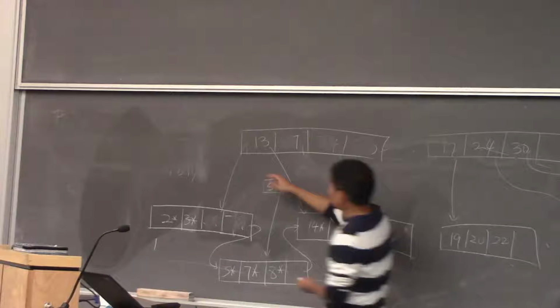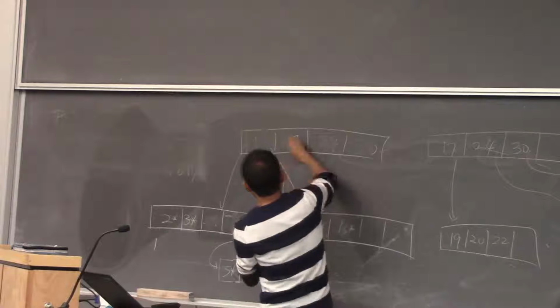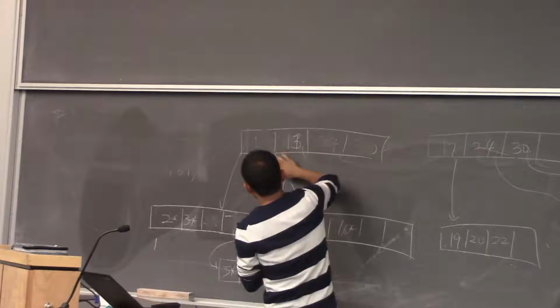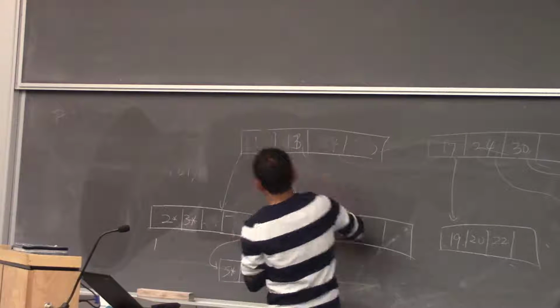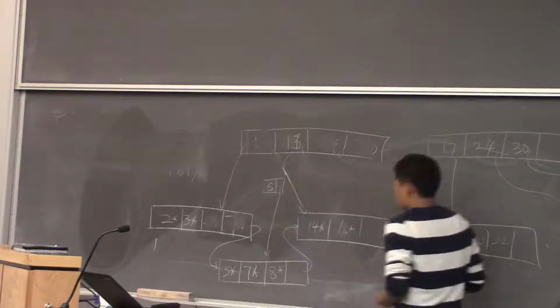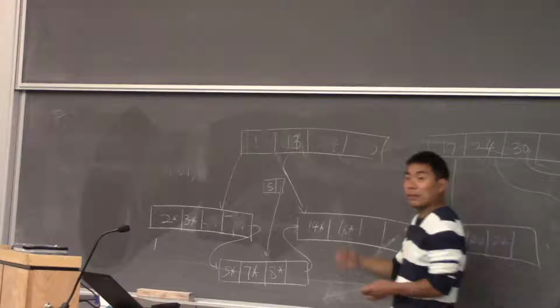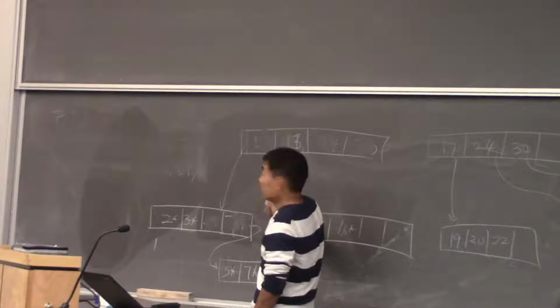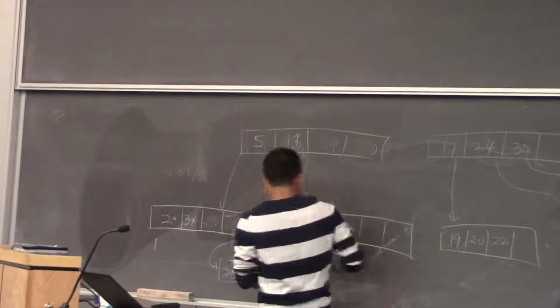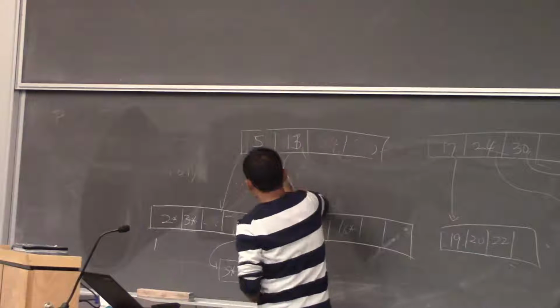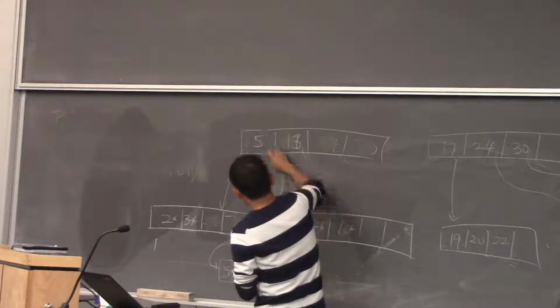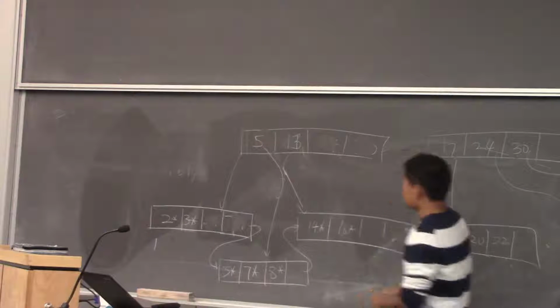You have to make space for this. So move 13 over here, and this pointer will be redirected. Now you have the space needed, right? To place 5 here, and the pointer simply comes here.